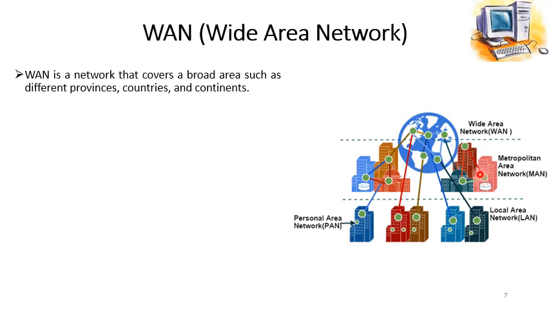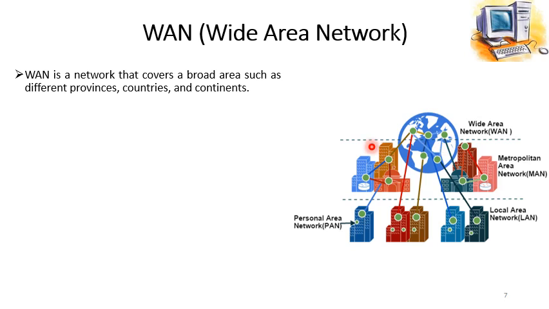For example, it covers the whole province or the whole country or the whole continent or even the whole globe, then it is called wide area network or WAN. We can define the WAN like this: it is the combination of LANs, MANs, PANs and each and every kind of network, combined together into a single WAN, that is wide area network.